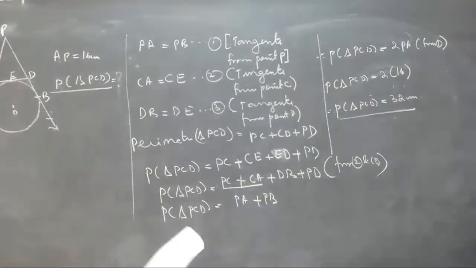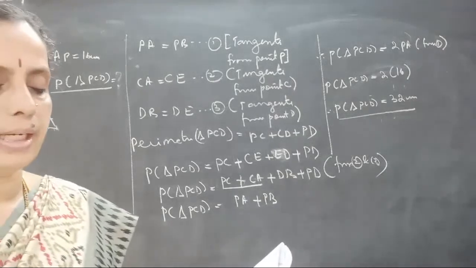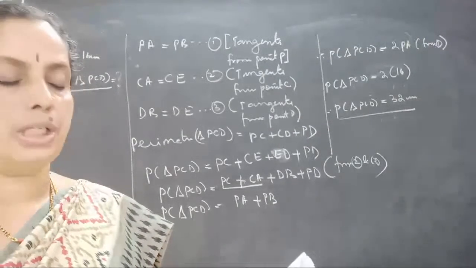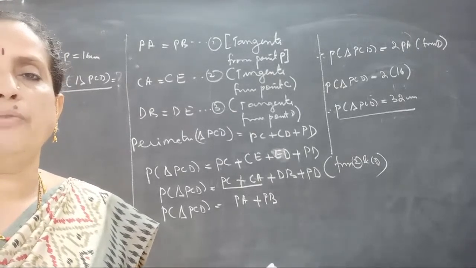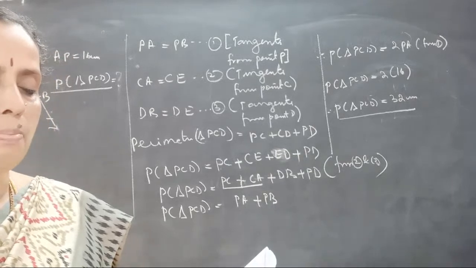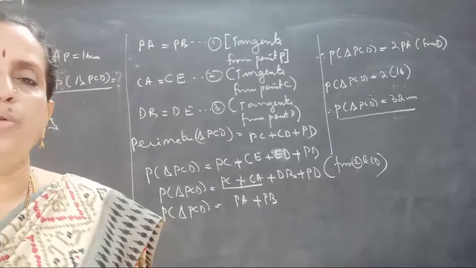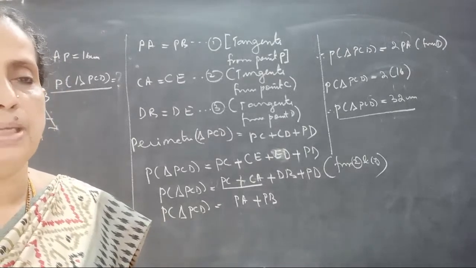Question number 9. Yesterday we proved when a quadrilateral is circumscribed by a circle, sum of the opposite sides is equal. Based on the property, we can find out the unknown part AD. If it is for 3 marks, we have to show how AB plus CD equals BC plus AD.